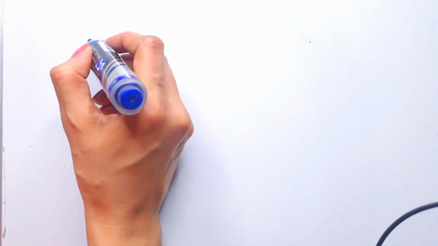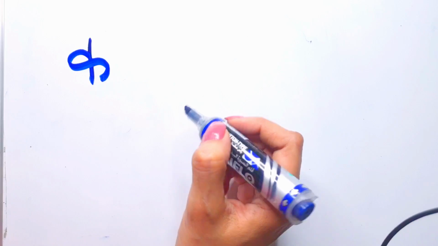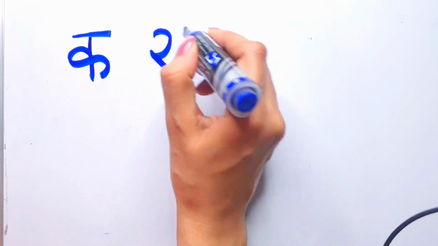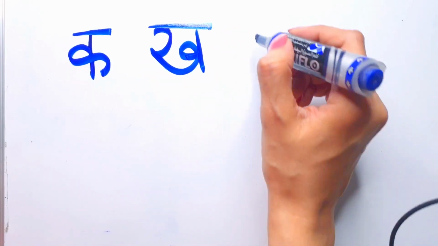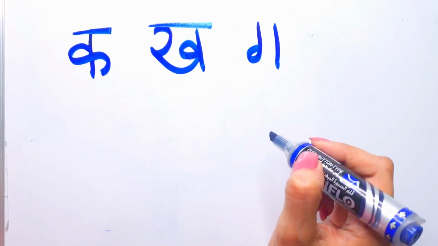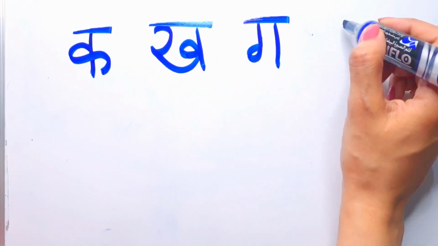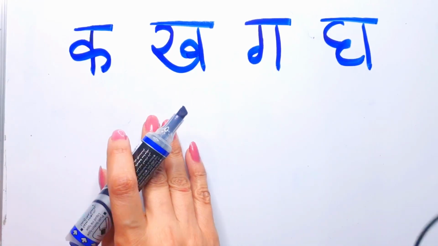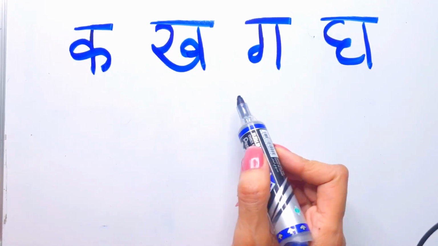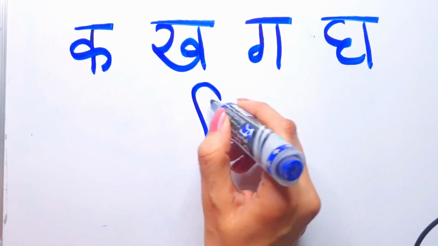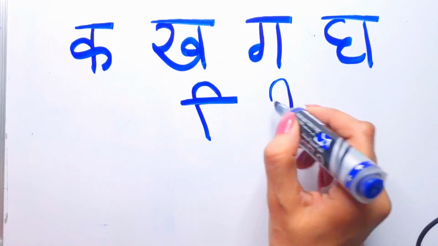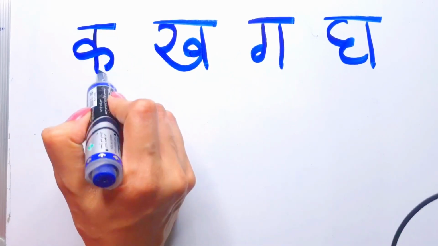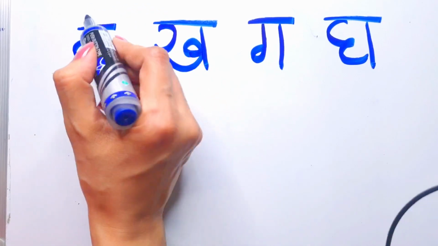So we have the first 4 consonants as k, kh, g and gh. So when we write the e ki matra, which could be the choti e, which goes like this, or the badi e, which goes like this, both of them will start from the vertical line which is there in the consonant.